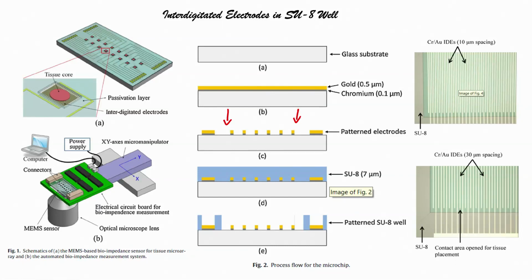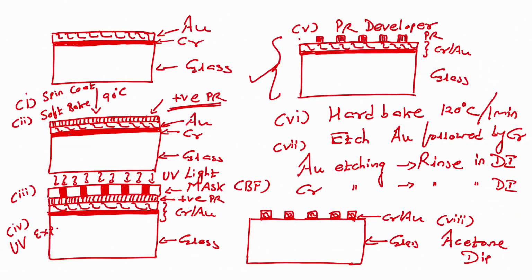right. Now, what we said is that these interdigitated electrodes should be inside an SU8 well, right. So, for that, what is the process? Now we know that, so I will just clear this one.